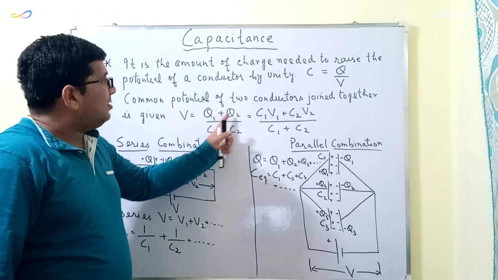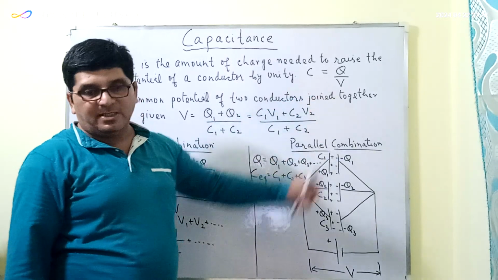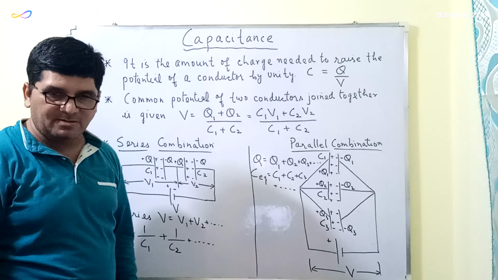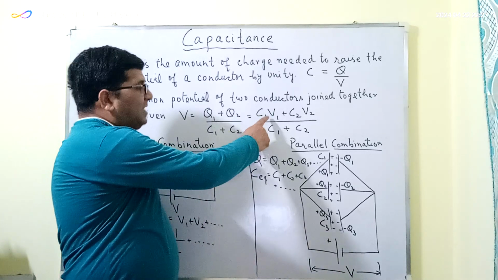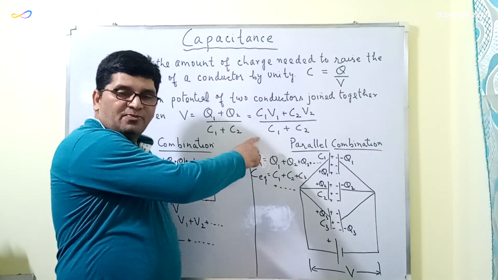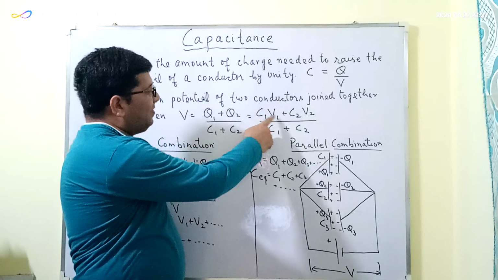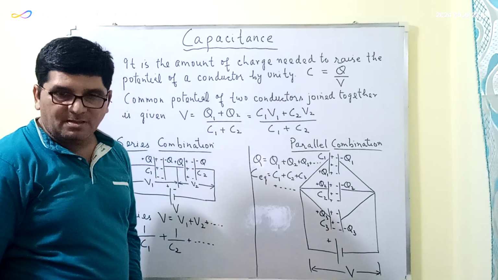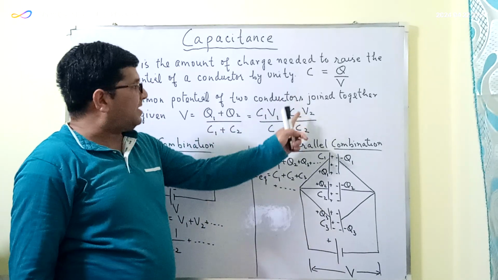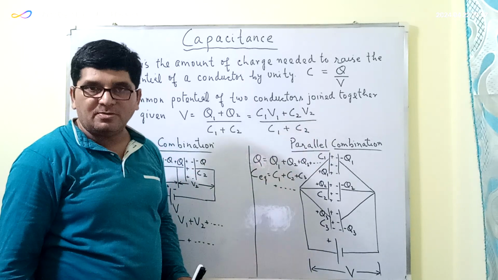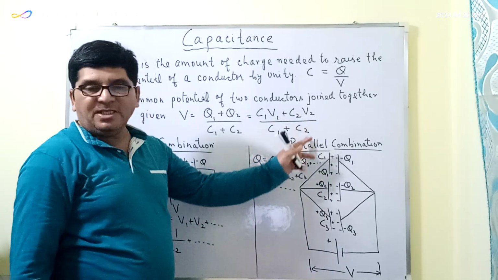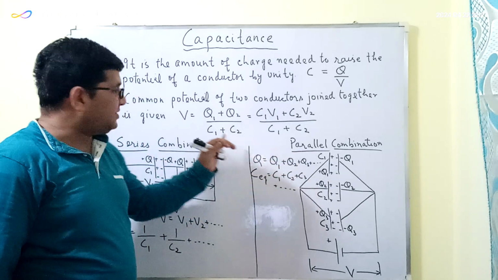Now Q is equal to C into V, so the charge on the first conductor is C1 V1 and the charge on the second conductor is C2 V2, divided by C1 plus C2. So this is the common potential.